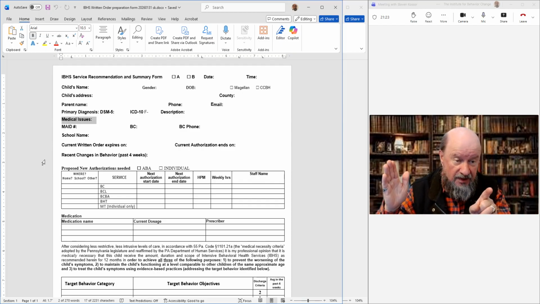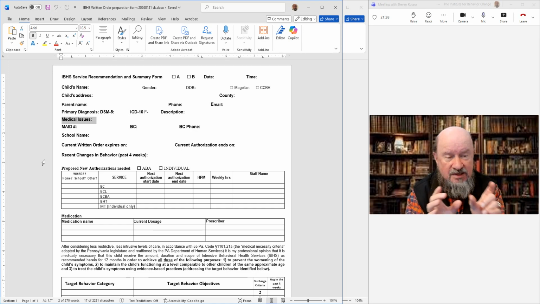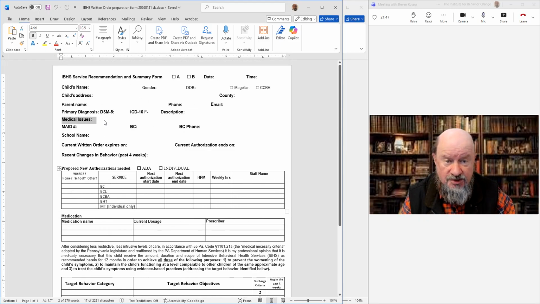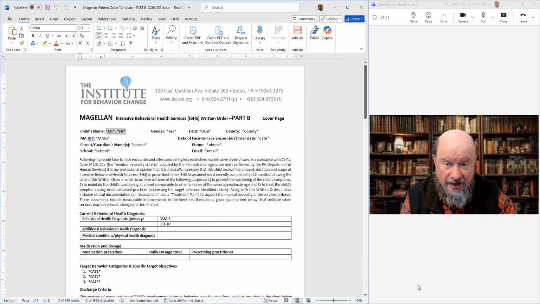Some kids are falling here on the continuum or here or whatever, but they have unique symptoms that we should be addressing, not diagnoses. Diagnoses are for classification and funding. Symptoms are for treatment. I hope that's helpful in terms of explaining what the written order preparation form is supposed to do. And the only thing I want to point out to you, let's go back to that form.